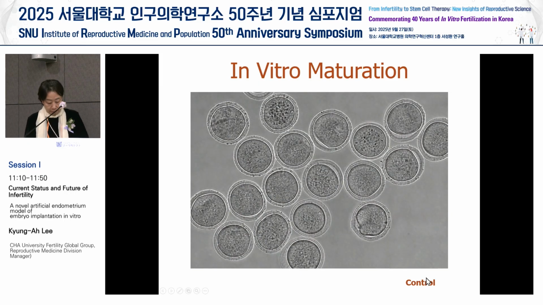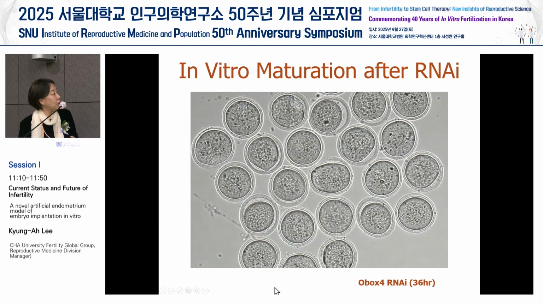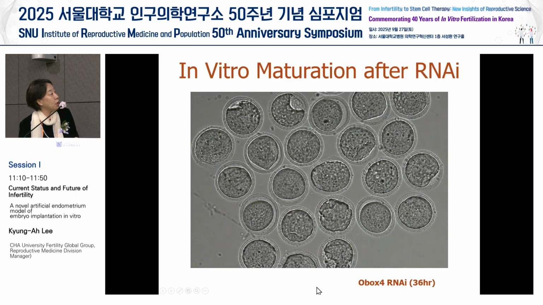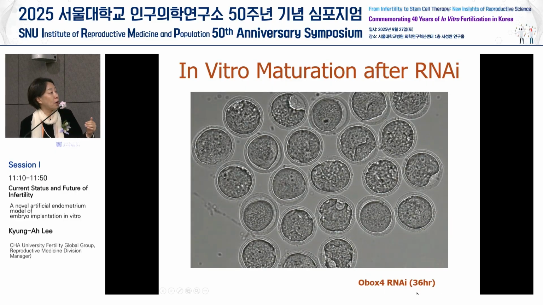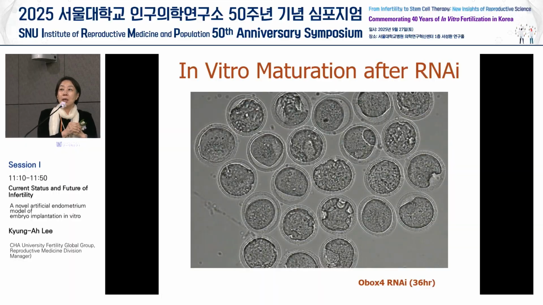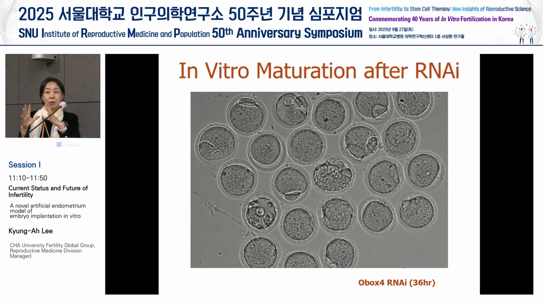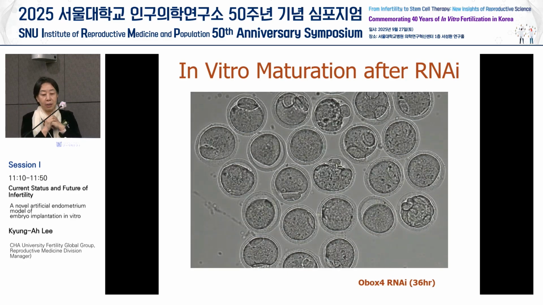And then, without OBOX4, another gene we found, you can recognize that at 24 hours, the normal time we observed, it seems like M2 without polar bodies.